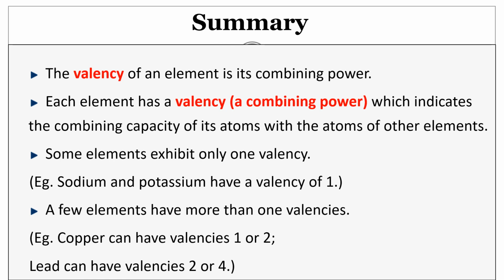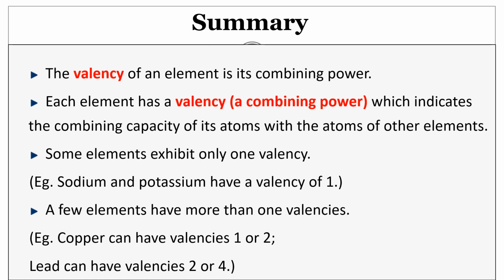We have also learned that the valency of an element is its combining power. In fact, each element has a valency, a combining power, which indicates the combining capacity of its atoms with the atoms of other elements.